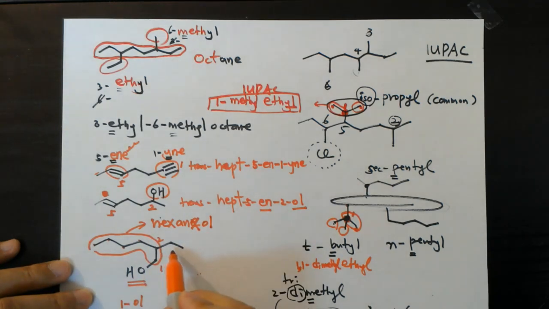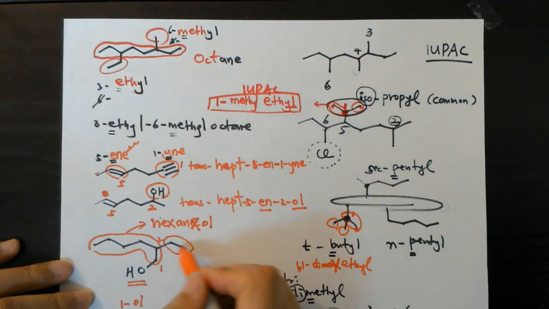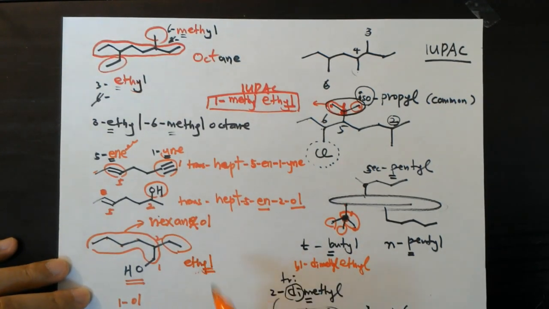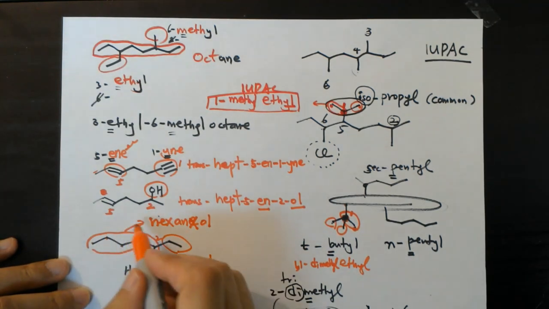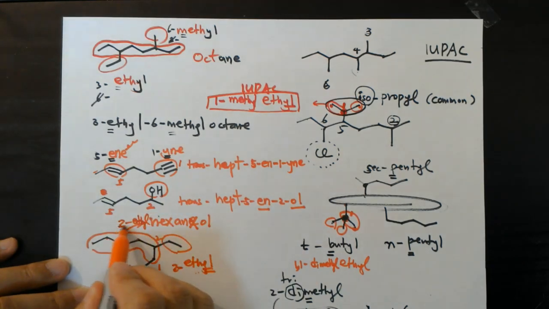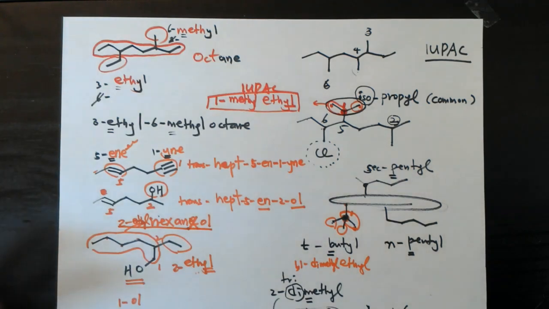But that has one side chain, 2 carbons, so ethyl, yl for the side chain, and that's on number 2, and there's only one side chain, so you put 2 ethyl hexanol. That's the name.